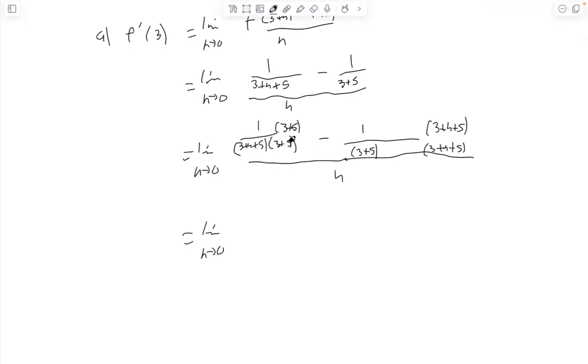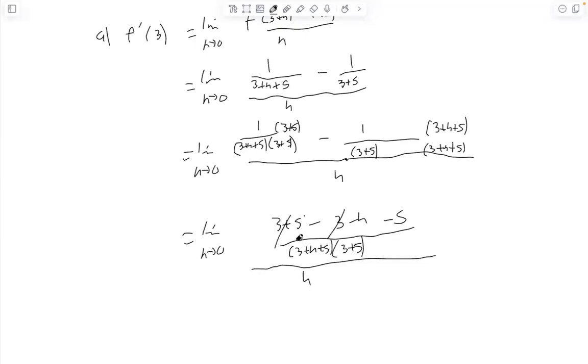Okay, now I've got a common denominator. I can just add the tops. 1 times anything is just 1, and I'm going to distribute this minus. So I'm going to get 3 plus 5 minus 3 minus h minus 5, distributing that minus, over 3 plus h plus 5 times 3 plus 5, which I know is just 8, all over big fraction bar h.